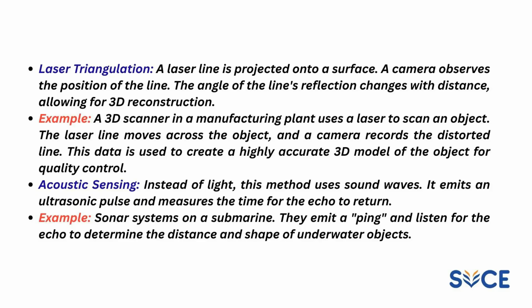The angle of the reflected line changes depending upon how far the object is, which can be used to reconstruct it in 3D. For example, 3D scanners in manufacturing use laser triangulation to scan objects for quality control. As the laser line moves across an object, the camera records the distortions and builds a precise 3D model.